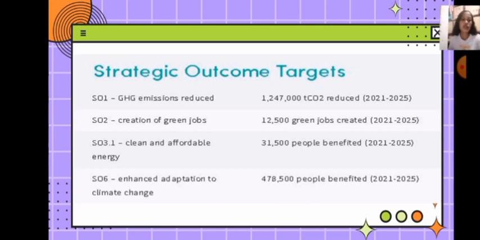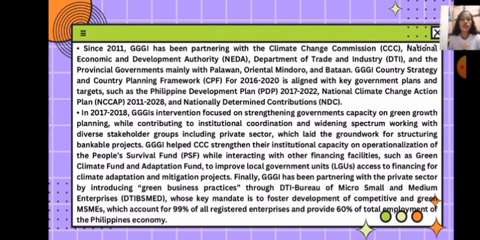So since 2011, GGGI has been partnering with the Climate Change Commission, National Economic and Development Authority, Department of Trade and Industry, and the provincial governments, mainly Palawan, Oriental Mindoro, and Bataan.